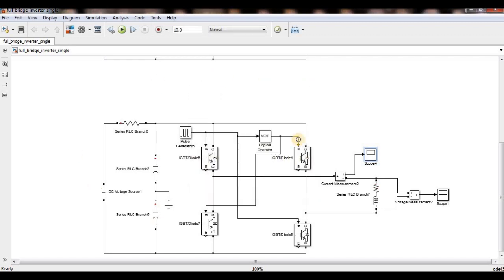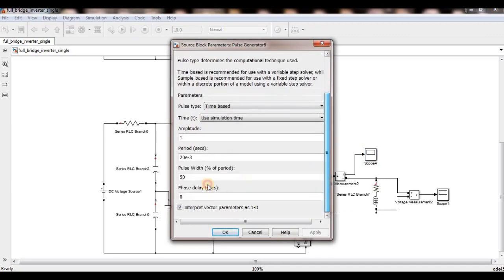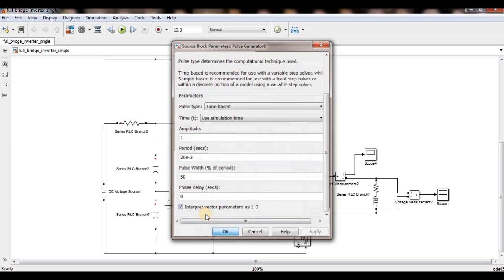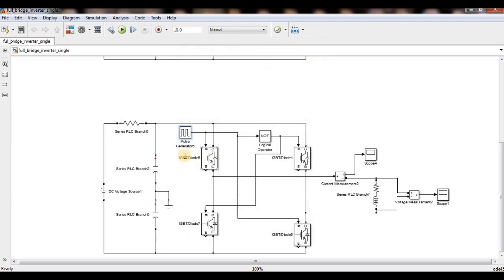So in the pulse generator generally we are using the NOT gate. This is the reason that we are using the NOT gate. If we are using PWM instead of pulses, this pulse is 1 from 0 to 180 degrees. But if I use PWM from 0 to 180 degrees, several pulses will come.